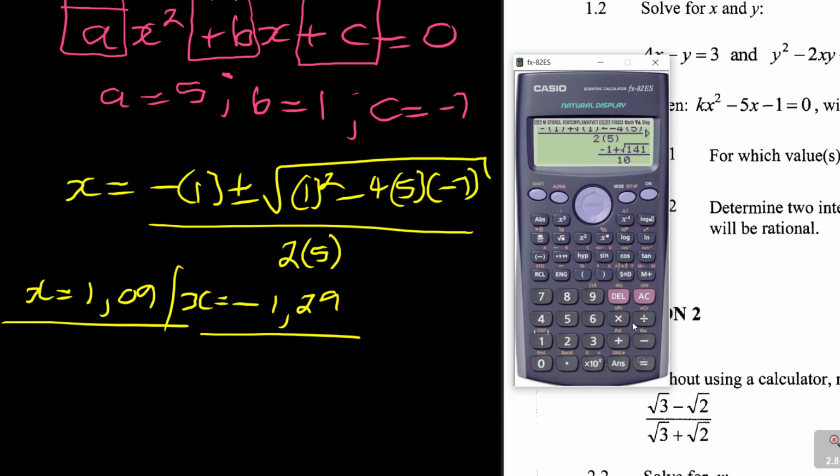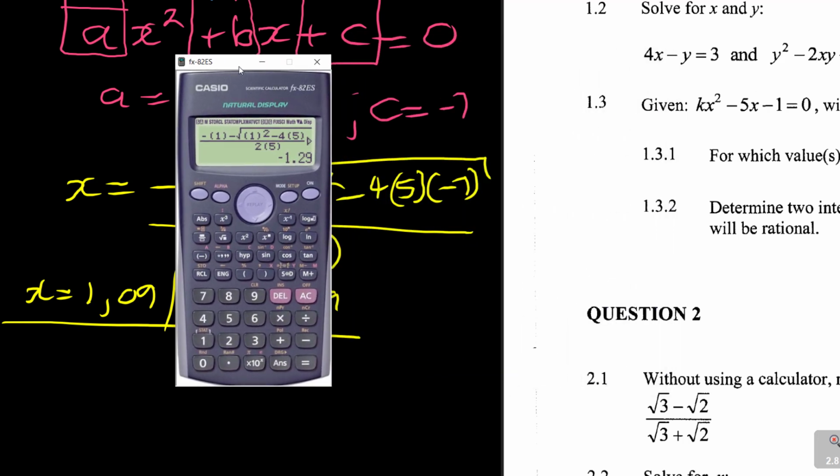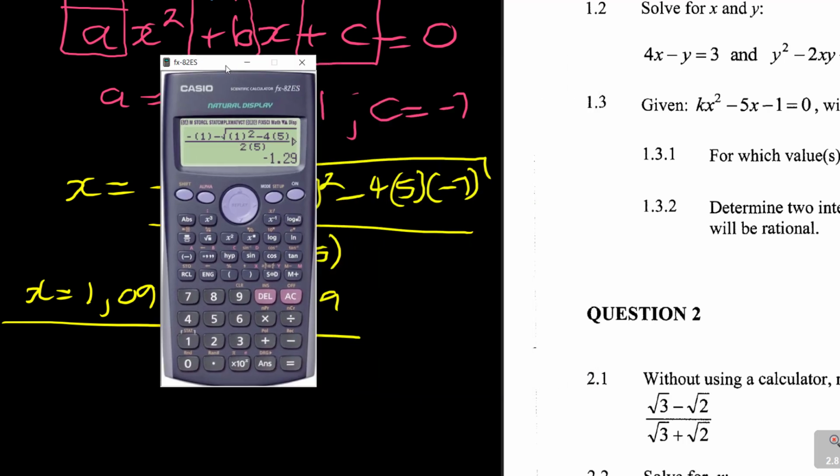Let's check it again where I made an error. There it is. As I said, I was rounding off. This is correct. If I say shift setup, remember 6 is that fix. I'm fixing to 2 decimal places. SD 1,09. That's the positive. Let's go to the negative. Then you delete, put minus, equal to. That is negative 1,29.